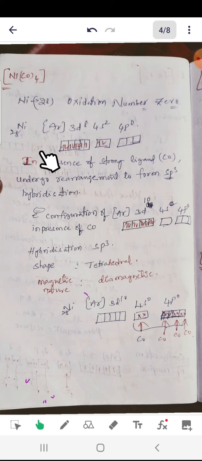So carbonyl acts as a strong field ligand, so it undergoes rearrangement to form sp3 hybridization.